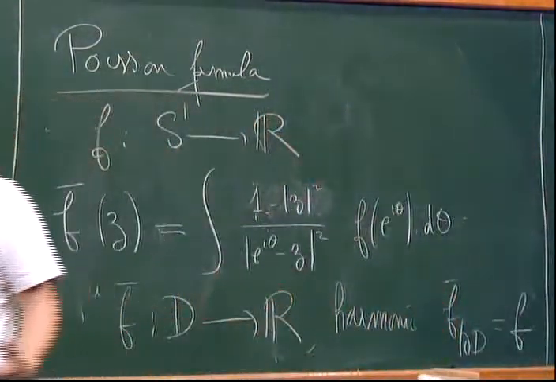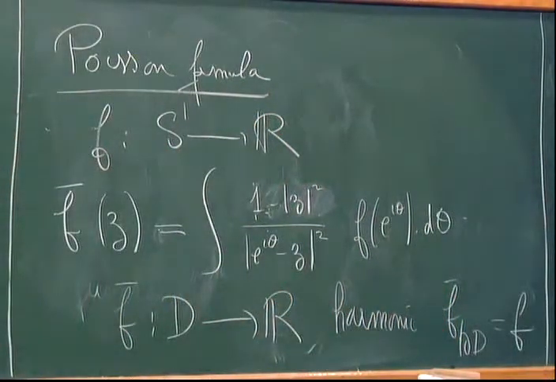So this is a very simple way to extend any continuous function to a harmonic function in the disk with no analytic problem. Okay? So again, I have no idea who understood that first.